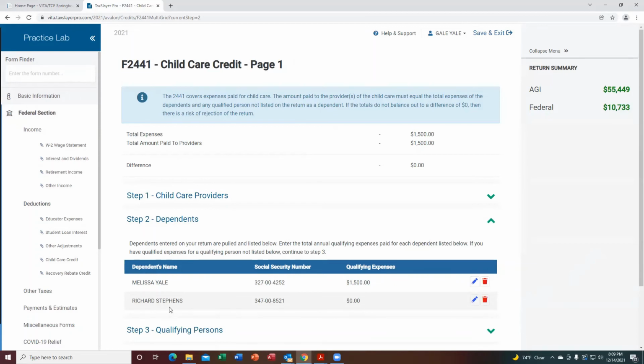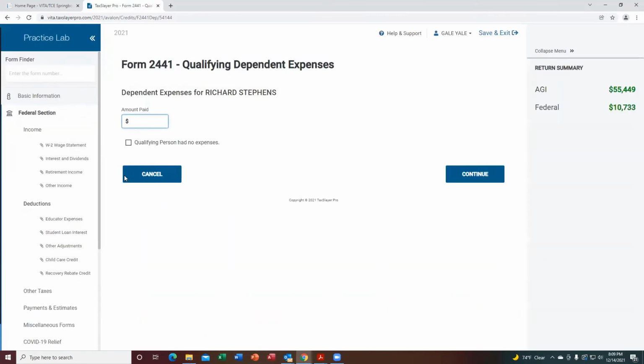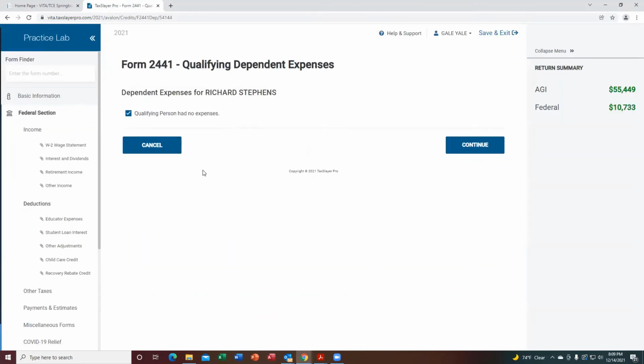And for Richard Stevens, we don't have anything, but I'm still gonna edit. And I'm gonna show that I did visit his information, and he does not have any qualifying expenses because we don't have anything for him. But I'm gonna do this so that I can show that I did in fact make sure to come and visit his information and noted that he did not have any qualifying expenses.